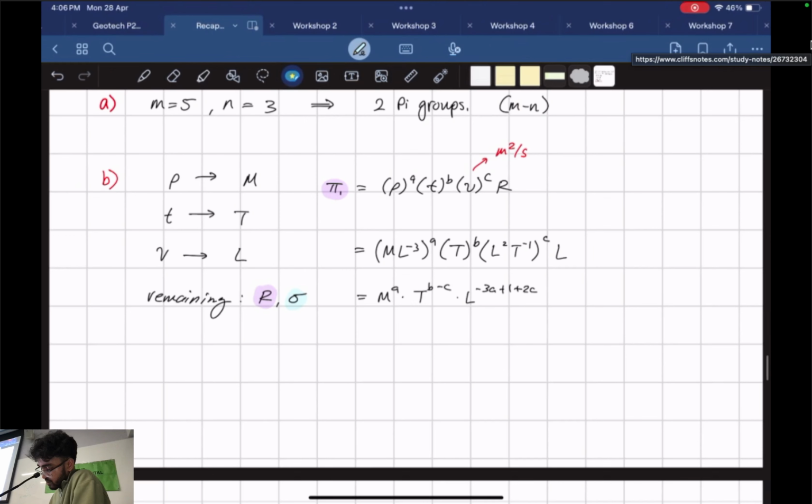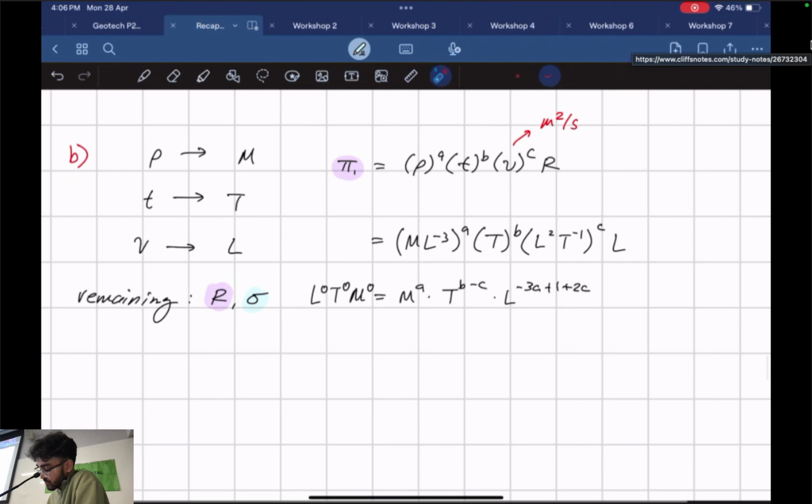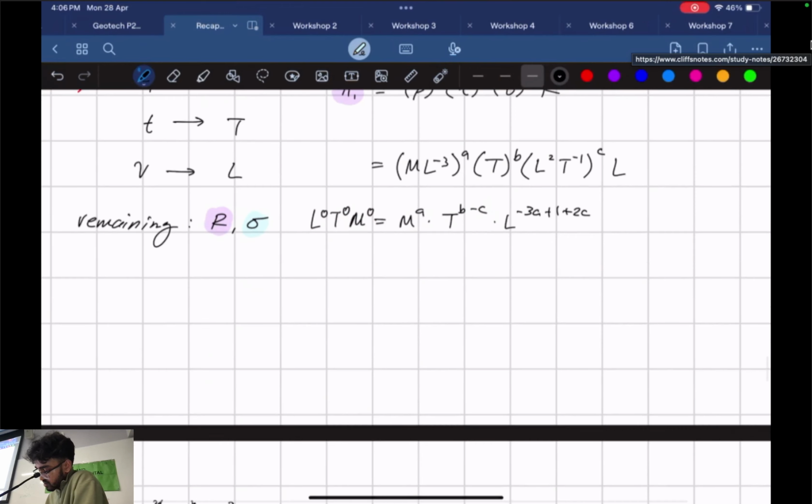So what do we know about pi 1? What are the dimensions for pi 1? Yeah, exactly. So it's going to be L to the 0, T to the 0, M to the 0. So I'm going to equate the powers for L, for T, and for M. So A equals 0.